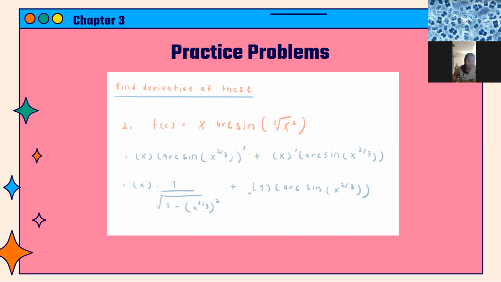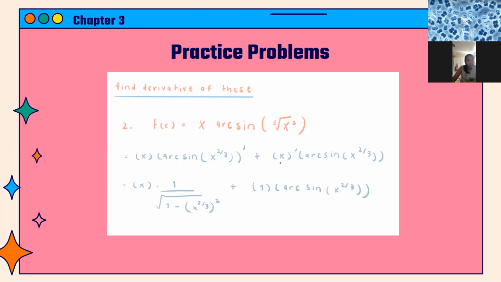Did you write the x as the derivative in the first breakdown? Usually in the product rule, wouldn't you take the derivative of the second part, the arc sine? If I write a prime symbol, that means I'm gonna take the derivative of this.